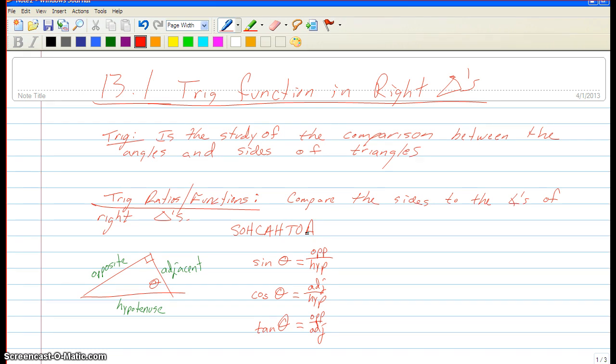If you're familiar with the myth of this famous Native American, that Native American has a cousin named Sohcahtoa. They're kind of opposites of each other. One likes the number 2, the other likes the number 1/2.